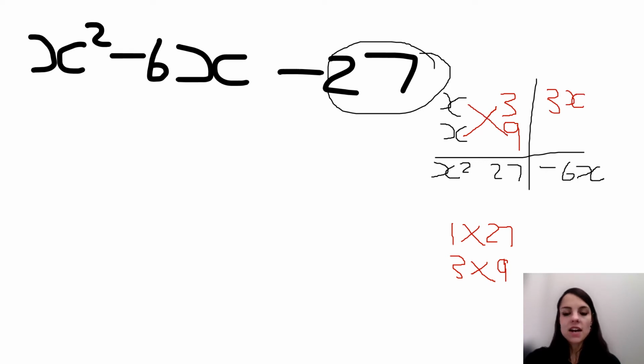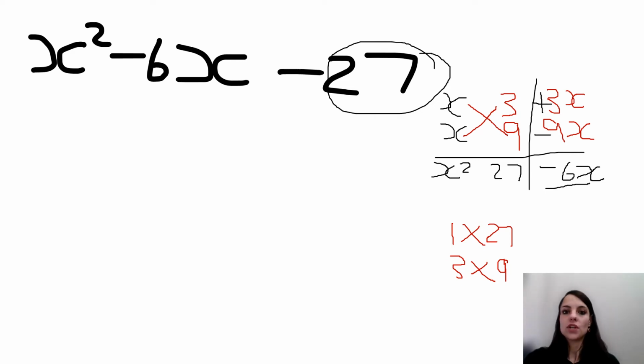And x times 9 is 9x. This is now where the difference comes in. Now we have a negative 6. So now you will have to see 3 plus 9 is not negative 6. Negative 9 minus 3 is not negative 6. But if you have negative 9 and you add 3, that will give you negative 6.